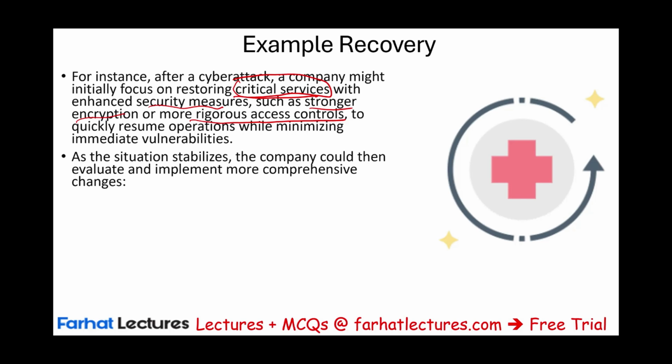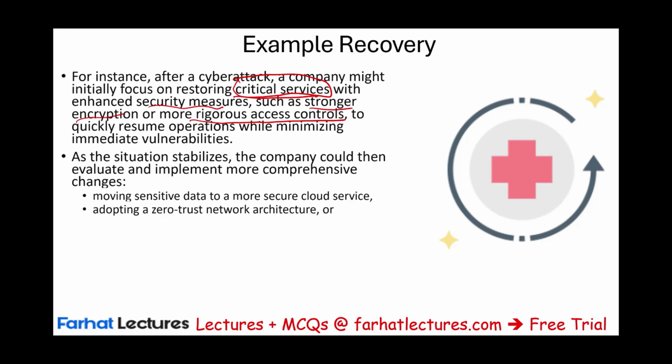As the situation stabilizes, the company then will evaluate and implement more comprehensive changes like moving sensitive data to a more secure cloud service. Now you're taking steps to make your stuff stronger, adopting a zero trust network architecture where people have to constantly verify themselves, and enhancing employee training: let the employees know about cybersecurity, teach them, train them, make them aware of it.